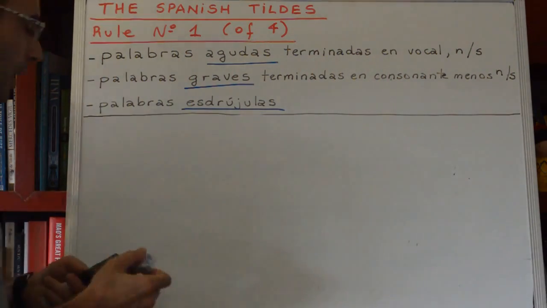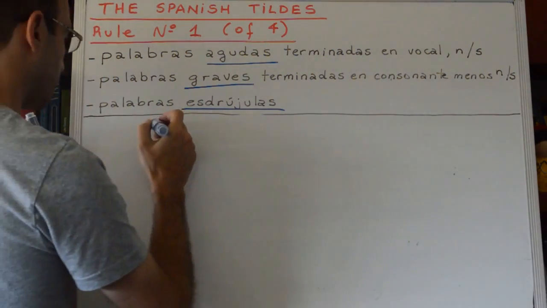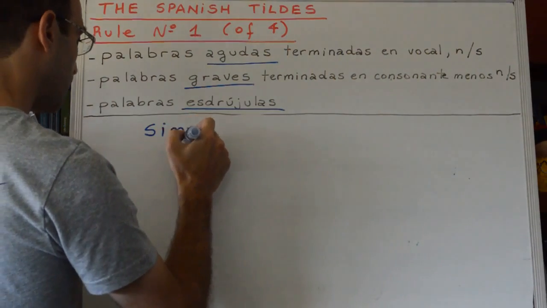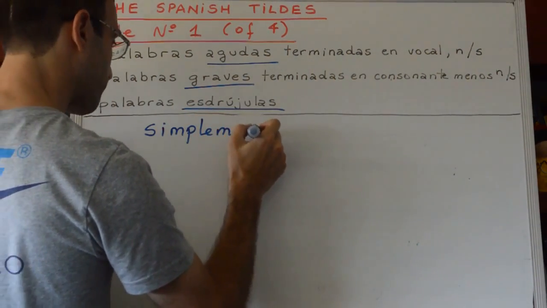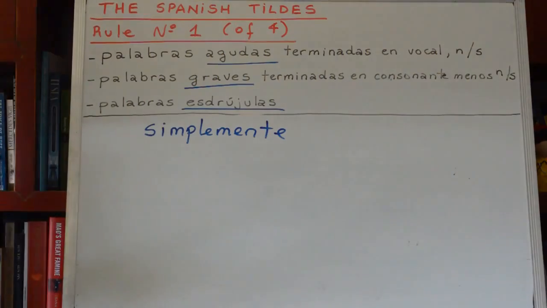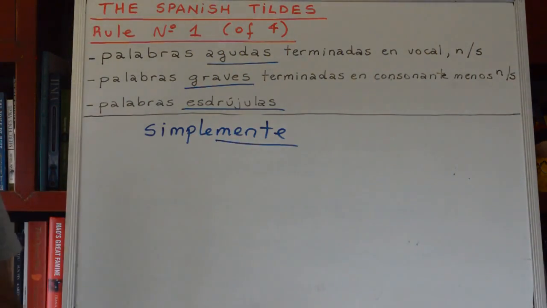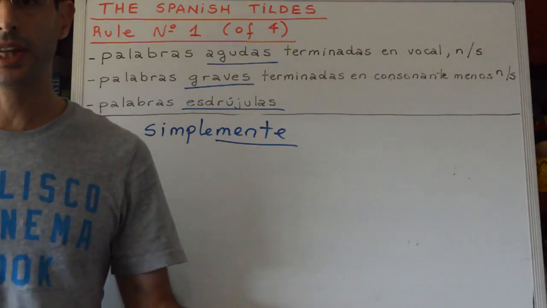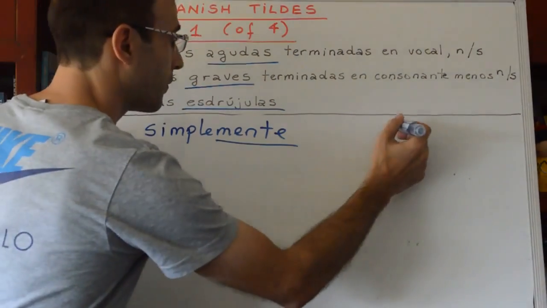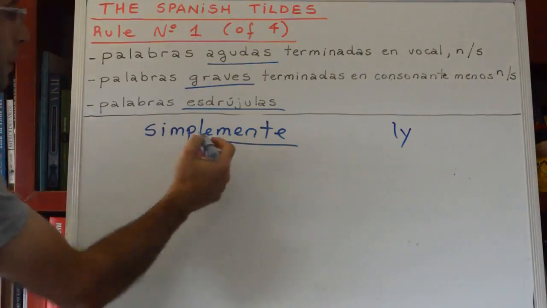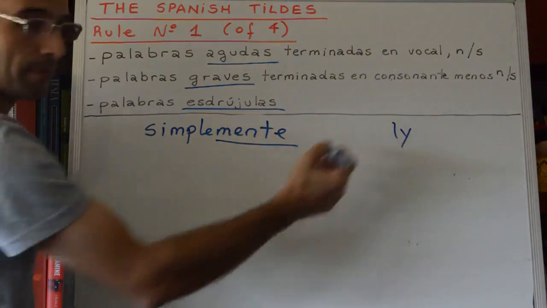Look, the word simplemente, and this applies for all the words that end with the suffix mente. The suffix mente is the equivalent in English to the suffix ly. Simplemente means simply, okay?